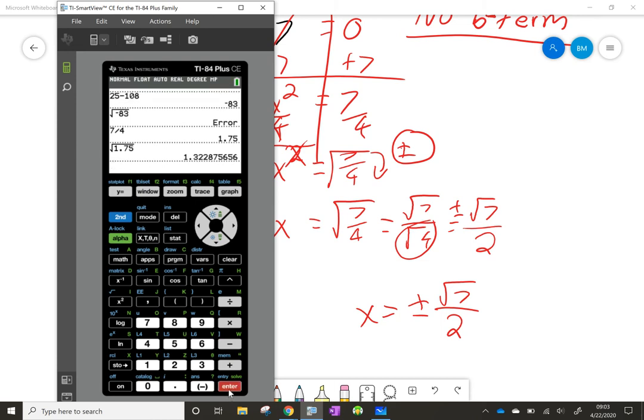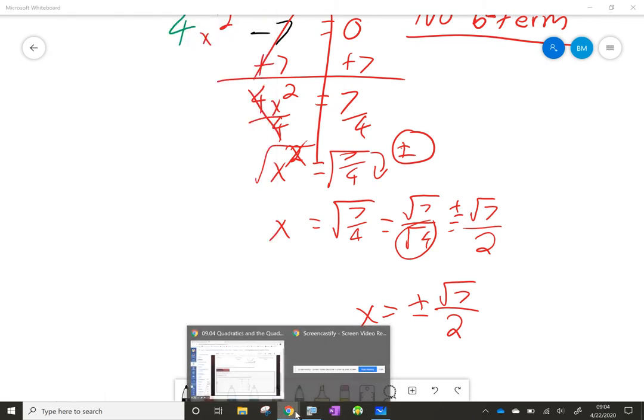So that's a decimal version of our answer, positive and negative version of that 1.32. And let me just type it in the way we have it as well, so you can see. So square root of 7, arrow out of the square root, divide by 2. It's still going to be the same number, right? So it's still simplified in the same thing, but it's still the same decimal version of it, right?